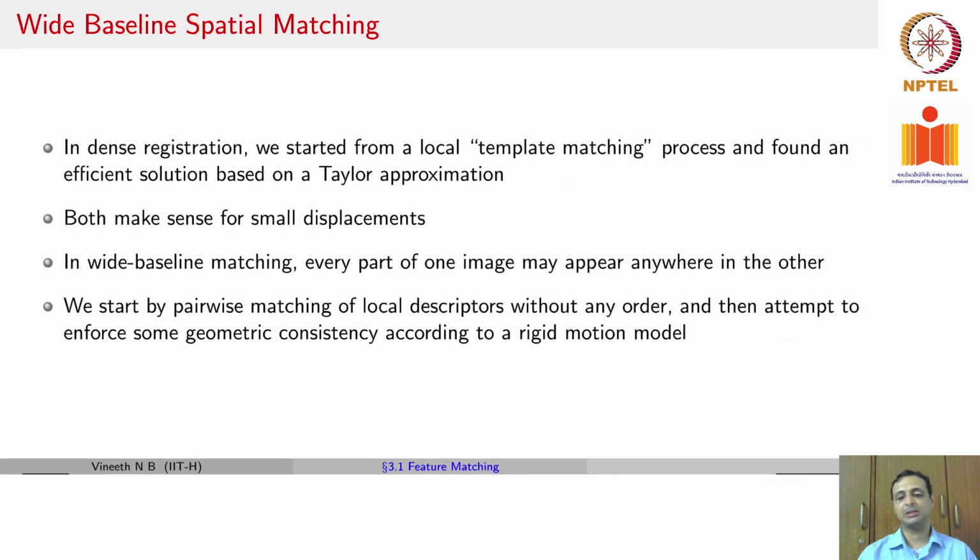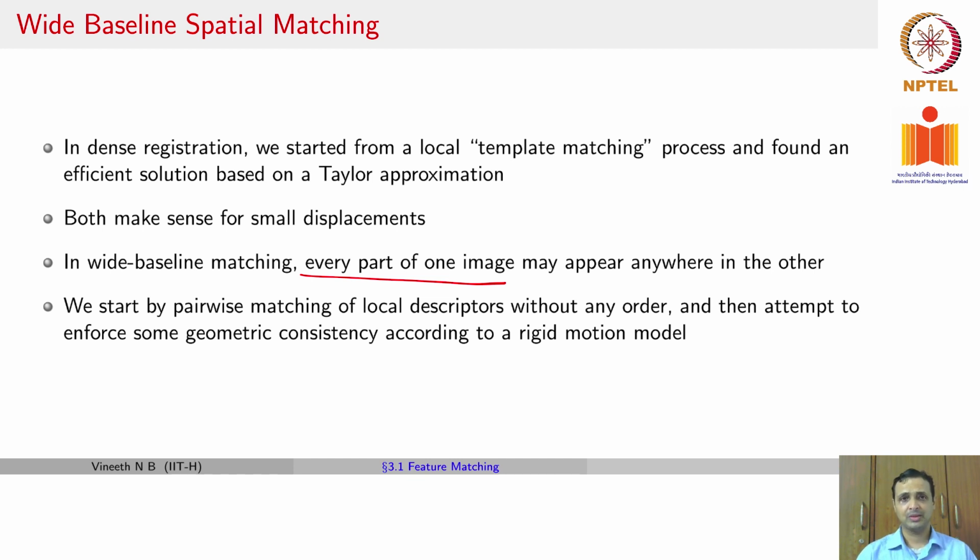But in wide baseline spatial matching, we're going to assume now that every part of one image may appear in any part of the second image. It's no more a small displacement. You could have a corner point that was lying in the top left of one image and the bottom right of the other image, and we still want to be able to match these points across these images.